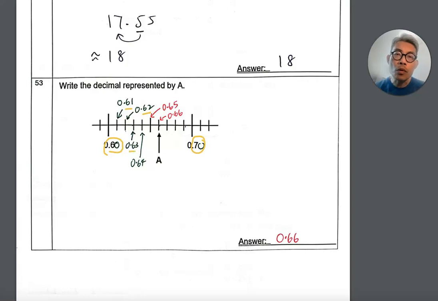Of course, it's 0.63, 0.64, 0.65, 0.66. And this answer, 0.66. How to double check? Keep counting. 0.67, 0.68, 0.69. After 0.69, 0.70. There, I checked. It is correct.